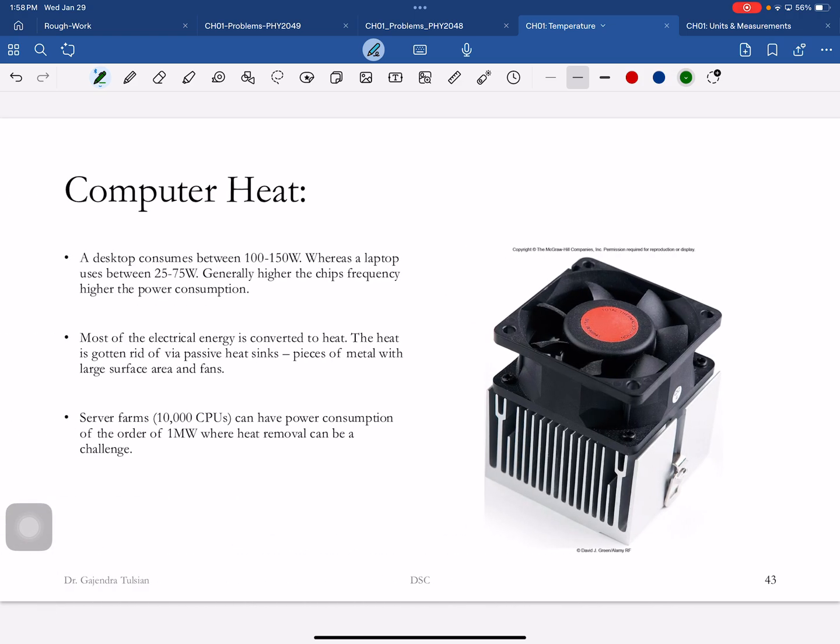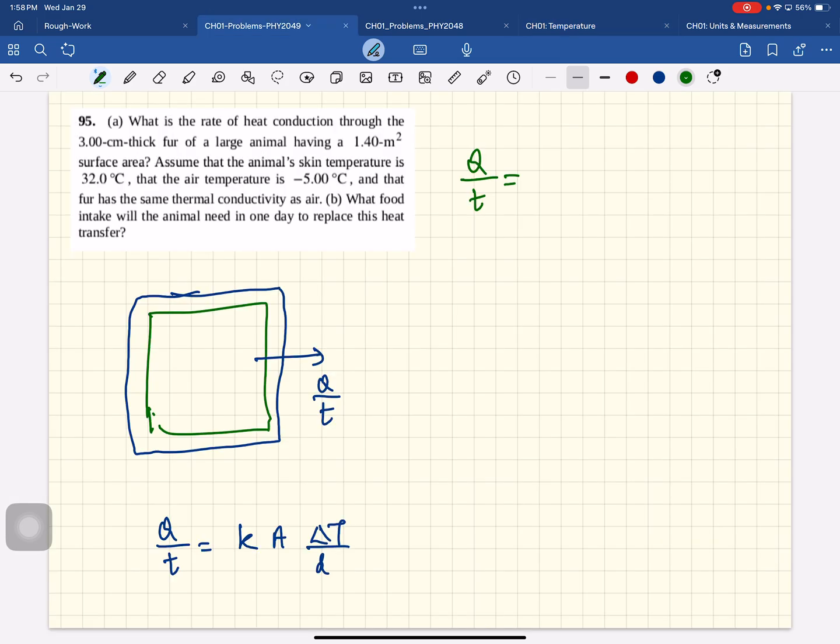What is the thermal conductivity of air? It is in watts per meter per degree Celsius.